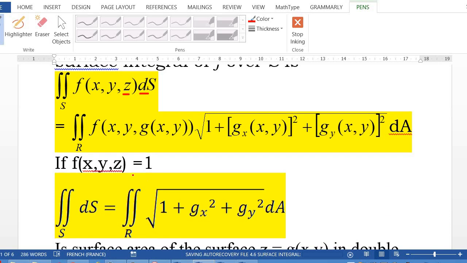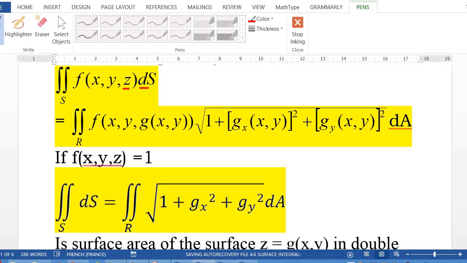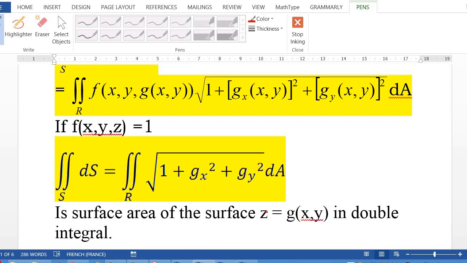Notice that if your f(x,y,z) equals 1, you get the integral of 1 dS over the surface S. This is equivalent to what you have learned in double integral to find the surface area of the surface z equals g(x,y), where dS is the square root of 1 plus g_x squared plus g_y squared dA over the region R. This represents the surface area of the surface z equals g(x,y).